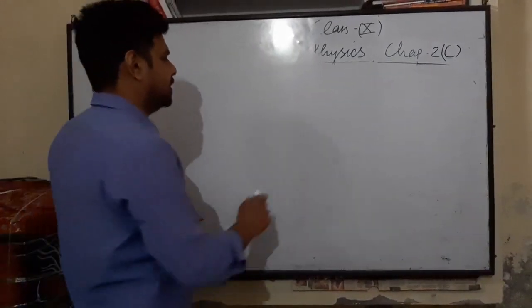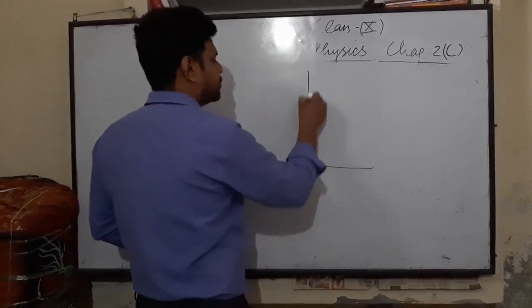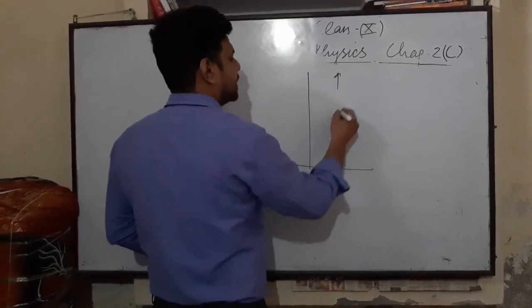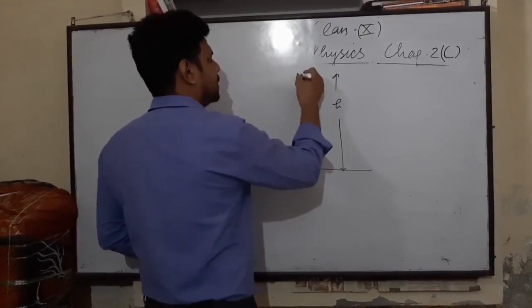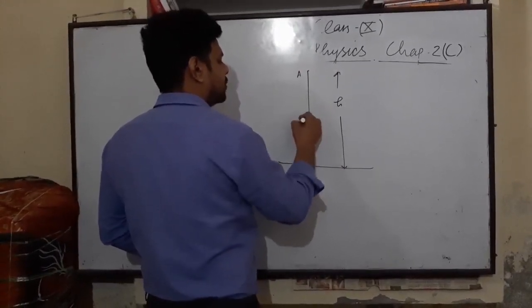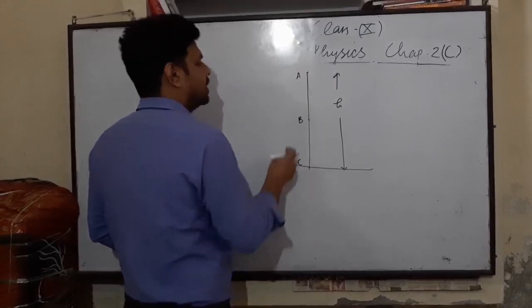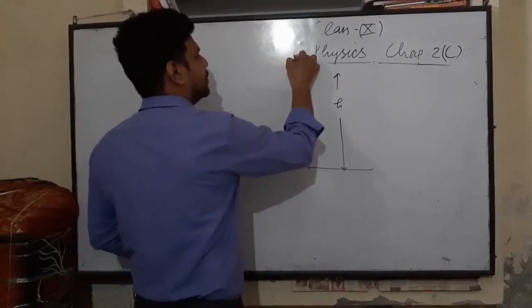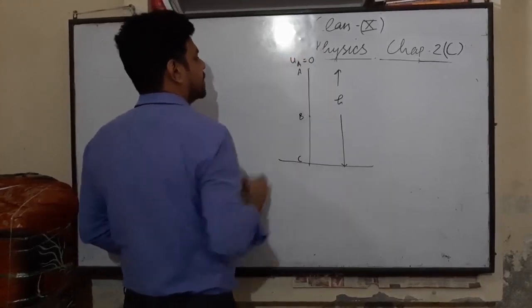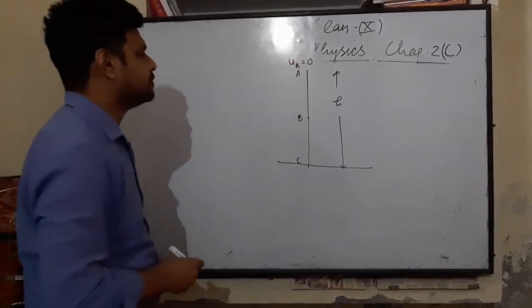Consider we have an object. It is dropped from height h. Consider there are 3 points in the path of this object, A, B, C. We drop the object at point A, so UA, the initial velocity of the object, is 0.